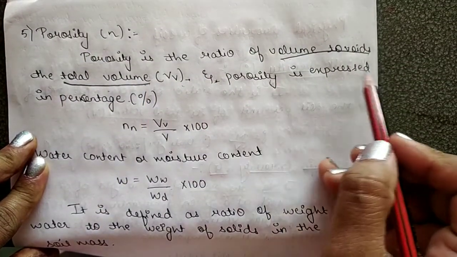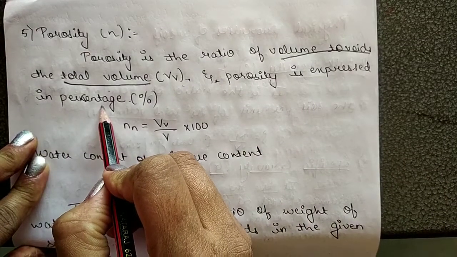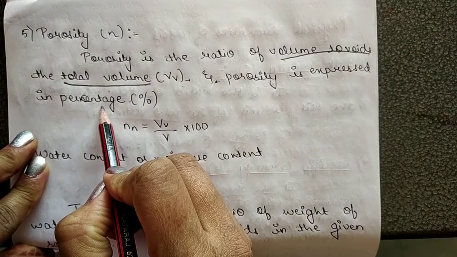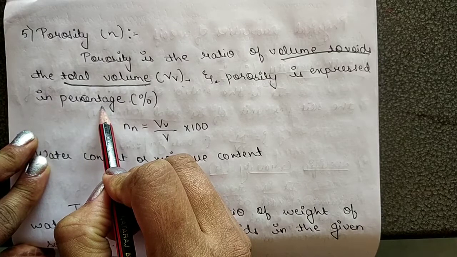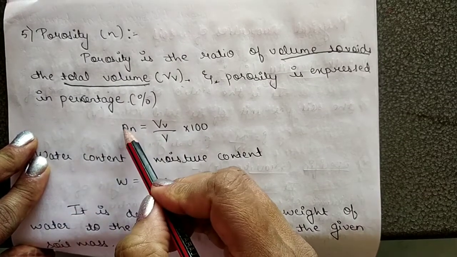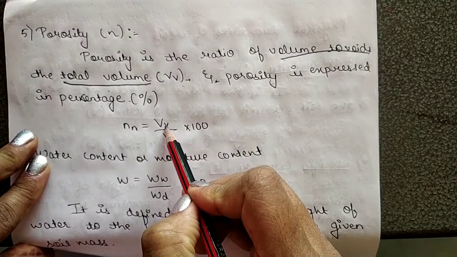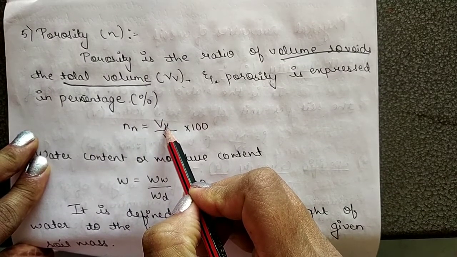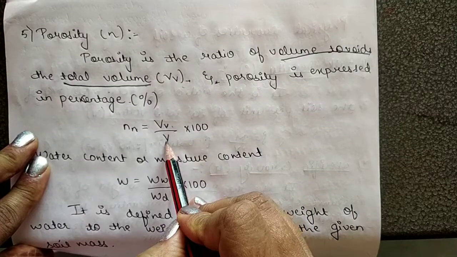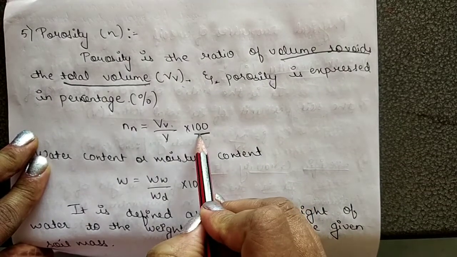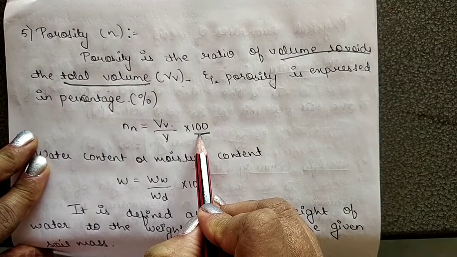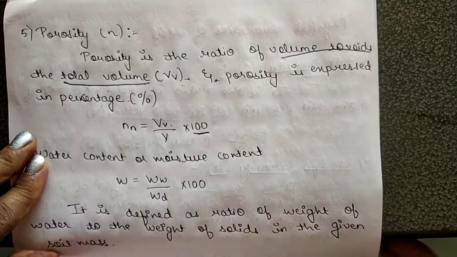The porosity is always expressed in percentage. It is not a numerical value in decimals, it will always be in percentage. So n, which is porosity, equals Vv, which means volume of voids in soil, divided by the total volume, into 100, because it is in percentage. It should always be expressed in terms of percentage.